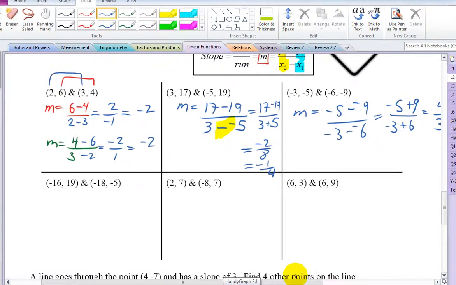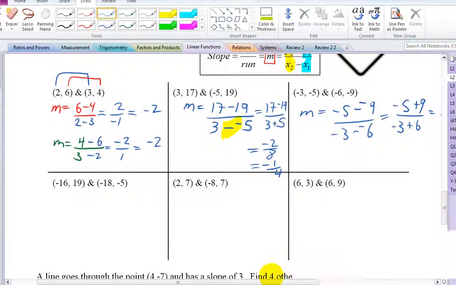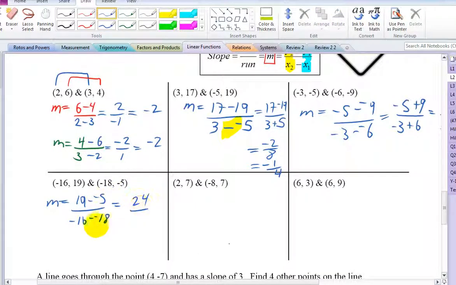I should hear your pages flipping over. Go. First one, slope of 12.